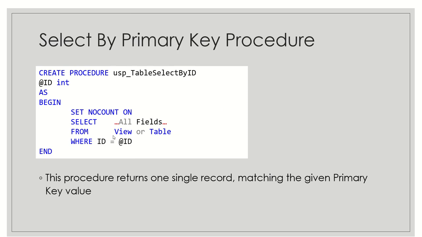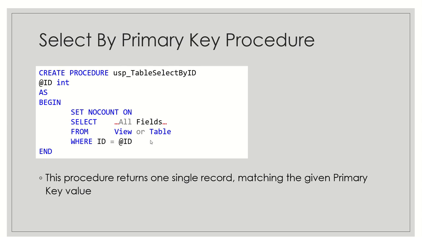Let's look at the next procedure. Select by primary key. So this is selecting one. If we wanted to select one employee, for example, we could select one employee. We just have to specify the primary key value. In this case, it's some kind of ID value. So the select statement is similar, but notice now there's a where line.